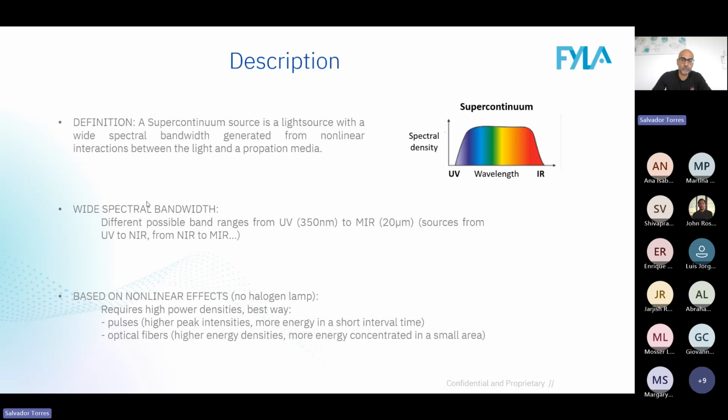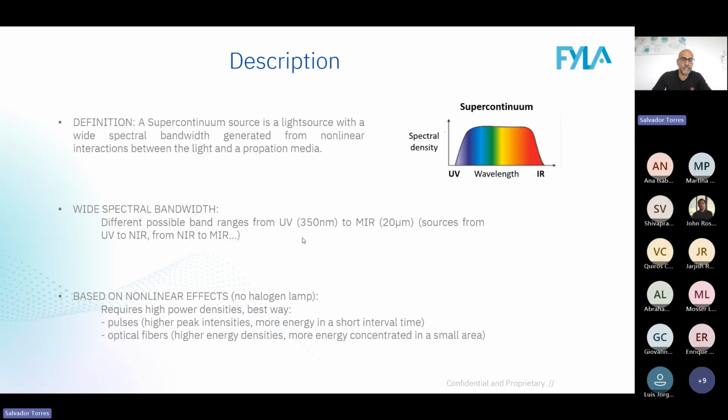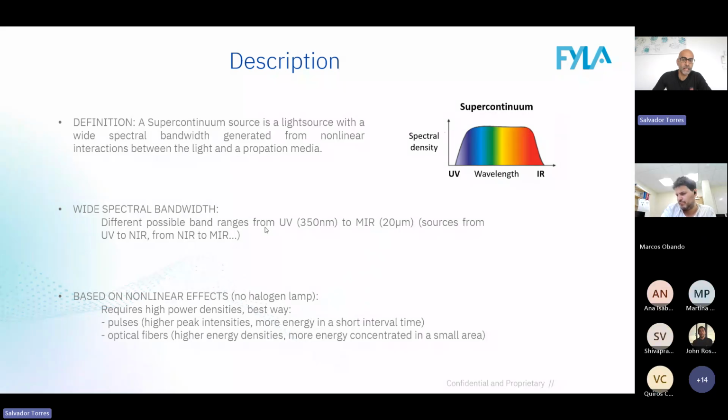The best way to achieve these conditions is through laser pulses, because they achieve high peak powers, that is, a lot of energy in a short time interval, and through propagation in an optical fiber, because it allows the light to be concentrated in a very small space, about 5 microns, and over a long distance. However, this type of light can also be generated using continuous light and bulk materials.